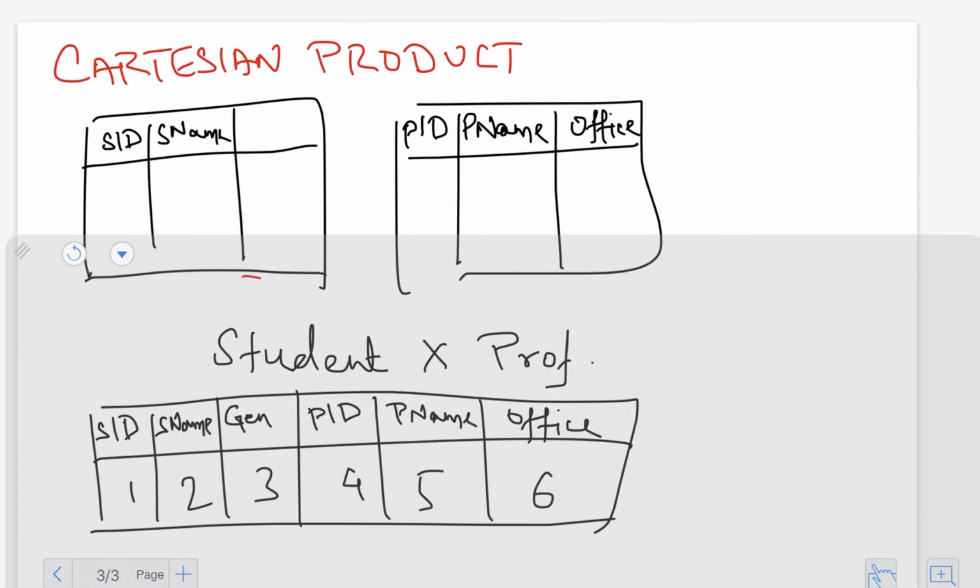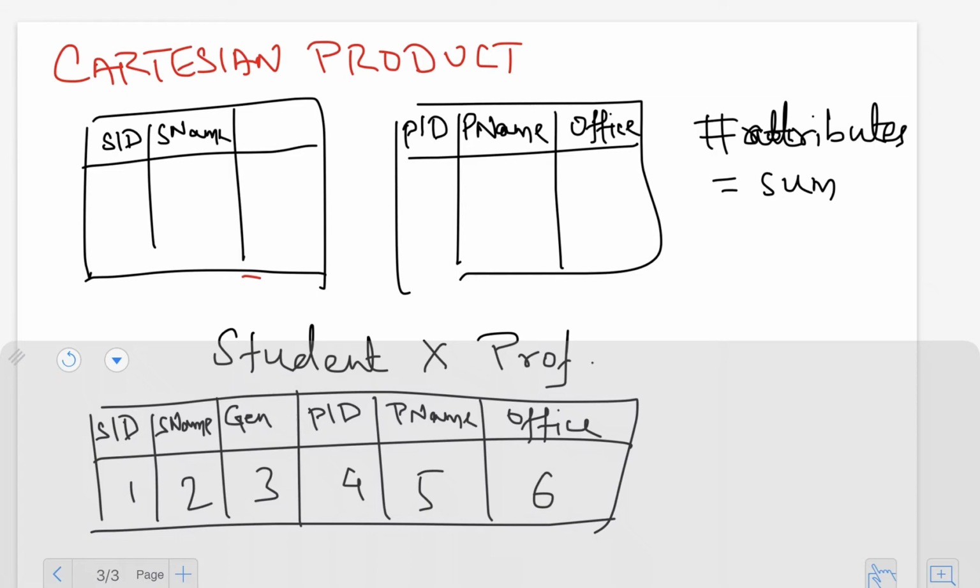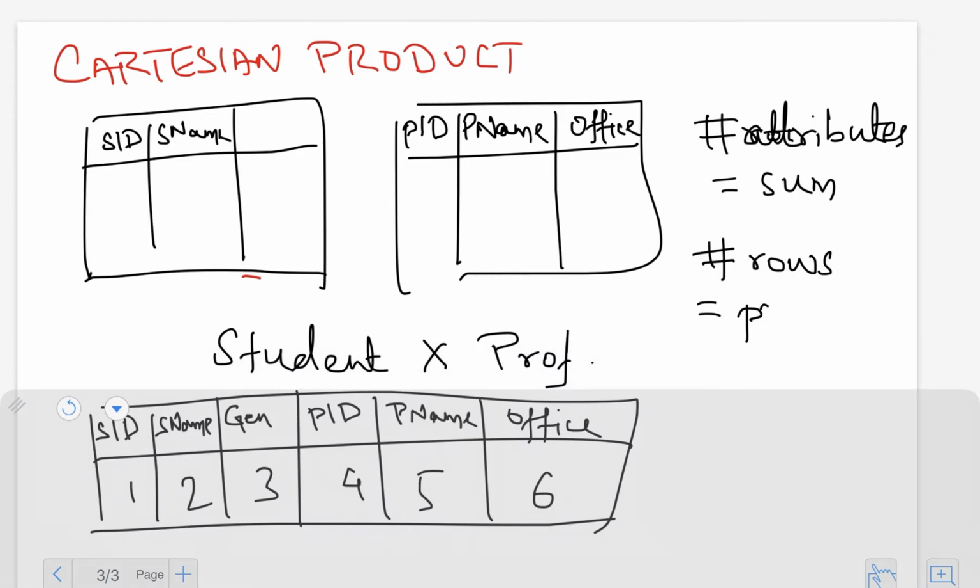So the number of attributes is the sum of attributes of the two tables that I was joining, and the number of rows, you'll probably be able to predict this, but it's equal to the product of number of rows.